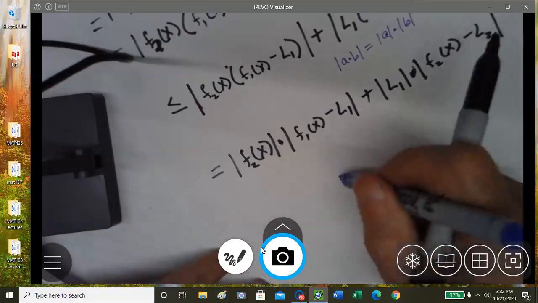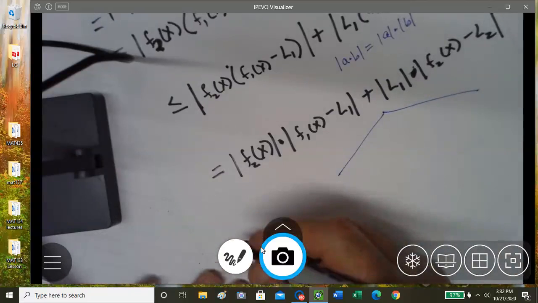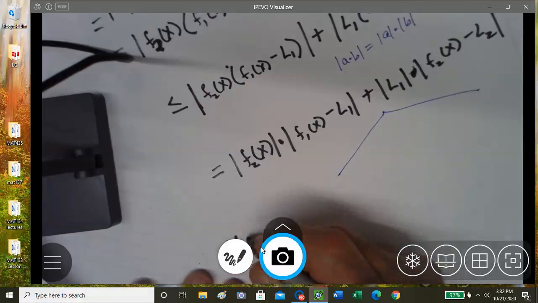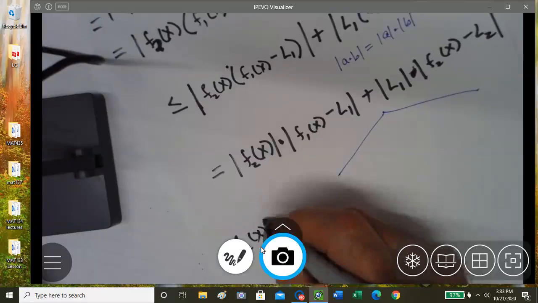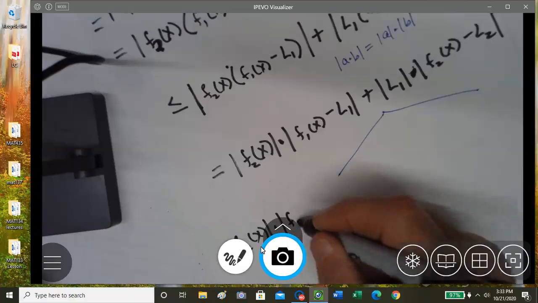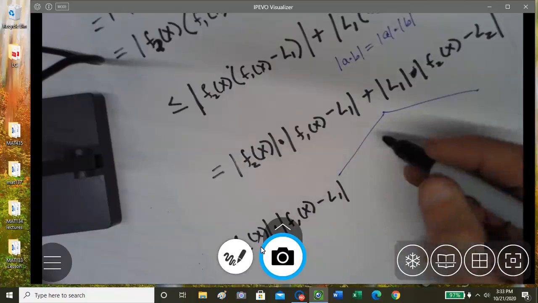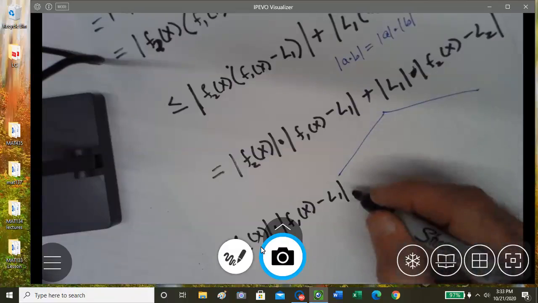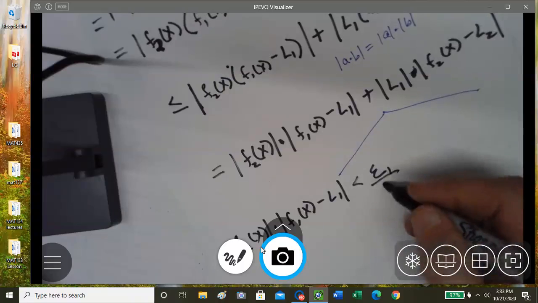And the left side will be the absolute value of f2(x) times f1(x) minus L1, and that's going to be less than epsilon 1 over 2.